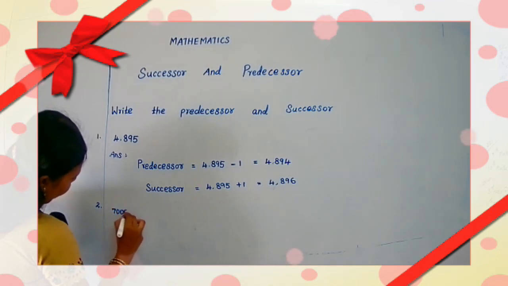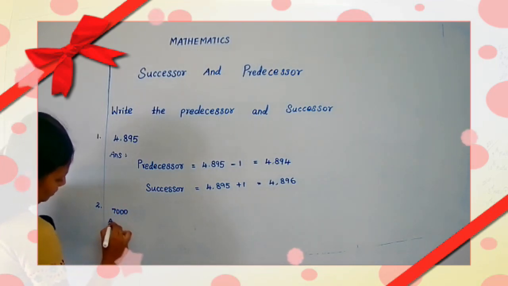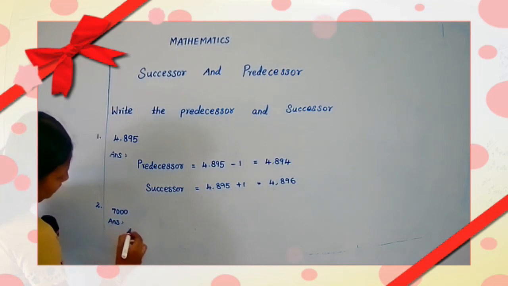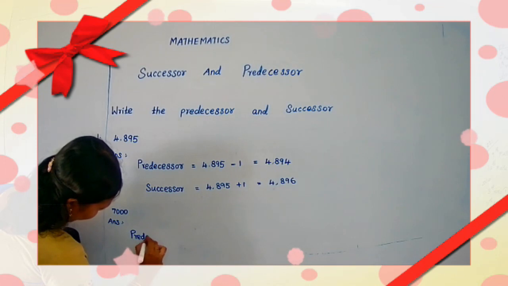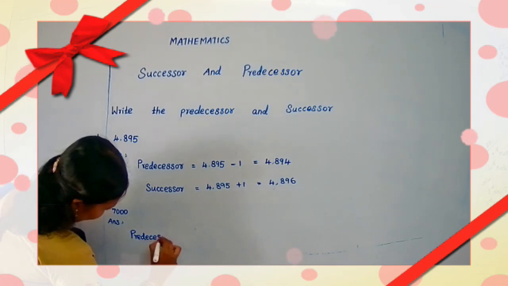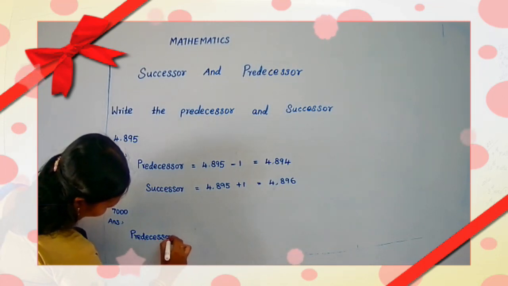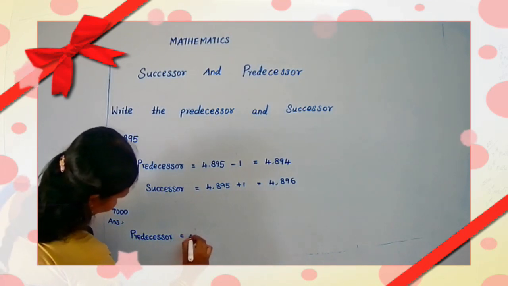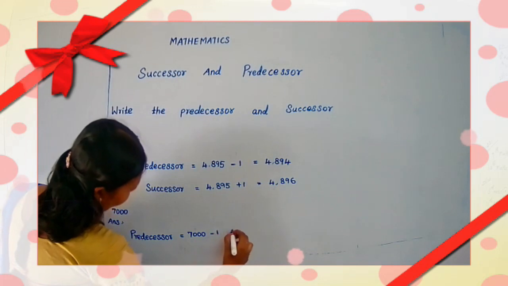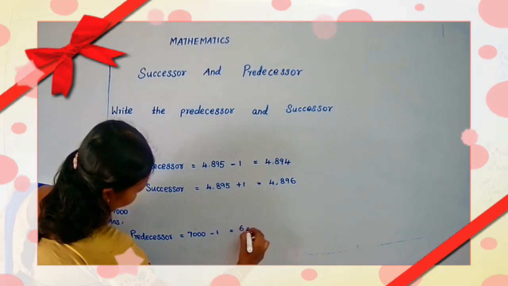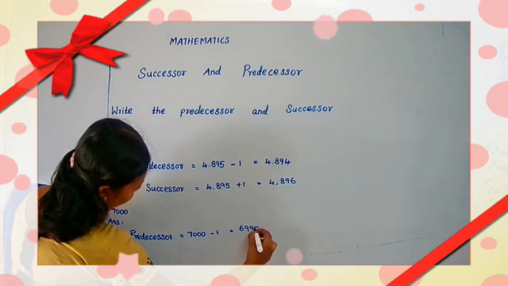7000. Write the answer for the given number. Predecessor. 7000 minus 1. You get 6999.